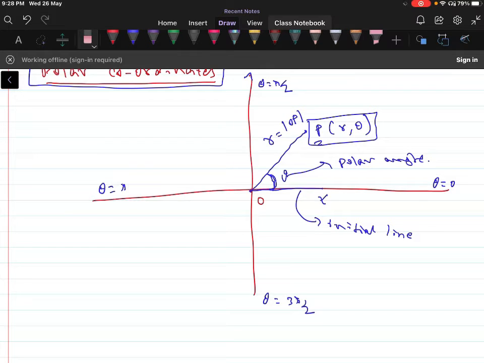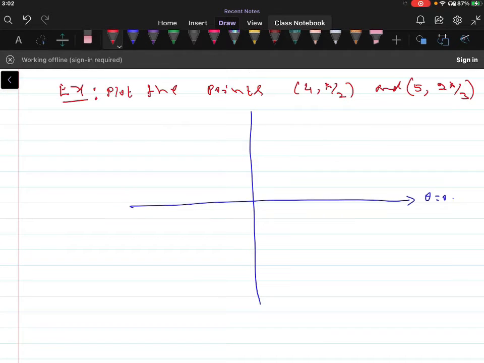Again, the positive x-axis can be represented by theta is equal to 2 pi. Therefore, theta takes values in the anticlockwise direction from 0 to 2 pi. Therefore, the polar coordinate system is nothing but a circular coordinate system. So let us take some examples of polar coordinates.